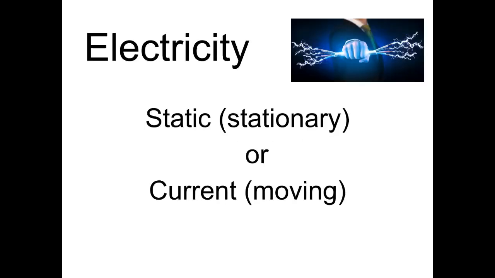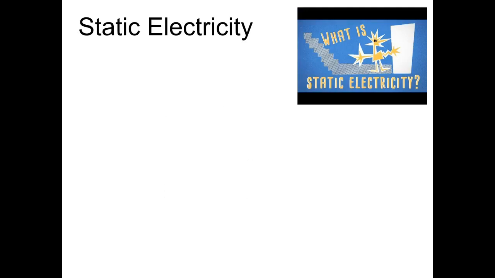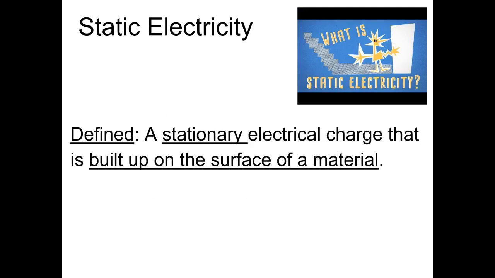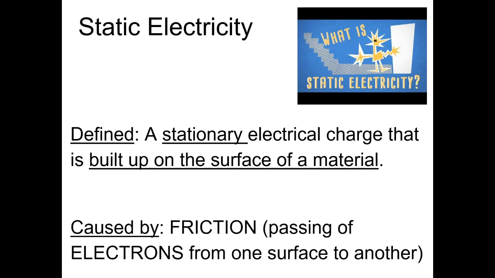Okay, so we will talk a little bit about static electricity and then move into current electricity. Static electricity is really just a stationary charge that is built up on the surface of a material. It's caused by friction, and it just passes electrons from one surface to another. There's a good TED-Ed video on static electricity you can go and check out if you like.